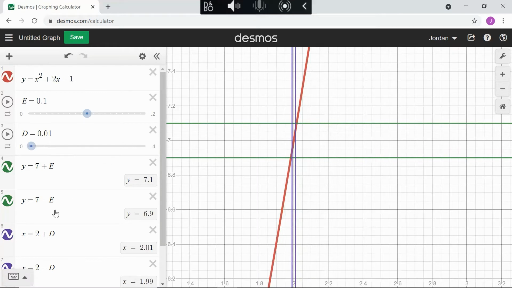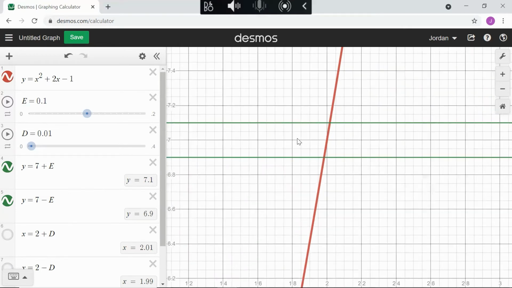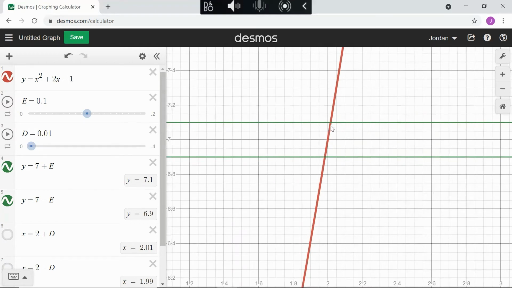Let me state this again. Let's go back to the beginning in a different way. What we're saying here is we're given an epsilon greater than 0. In my case, that epsilon is 0.1. So what the definition says is that we want all of our outputs within this green region here.